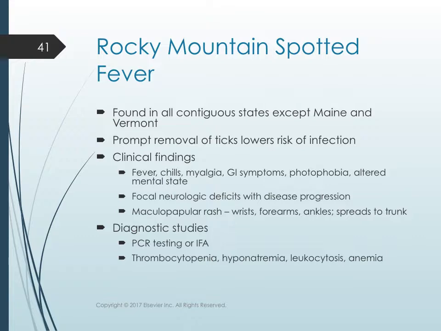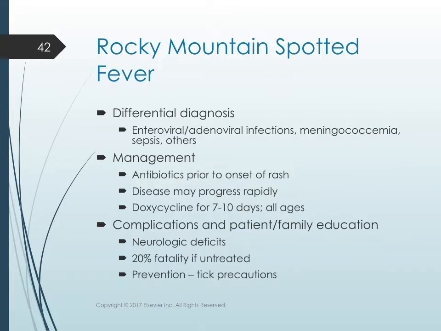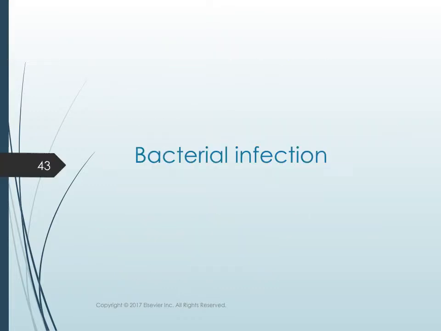And I guess we have to remember to keep this in our differential as well. It's also treated with antibiotics, and also can have neurologic deficits. So again, I have not seen this. I'm not sure what the prevalence of this is in our area of the world, but something to keep in mind.